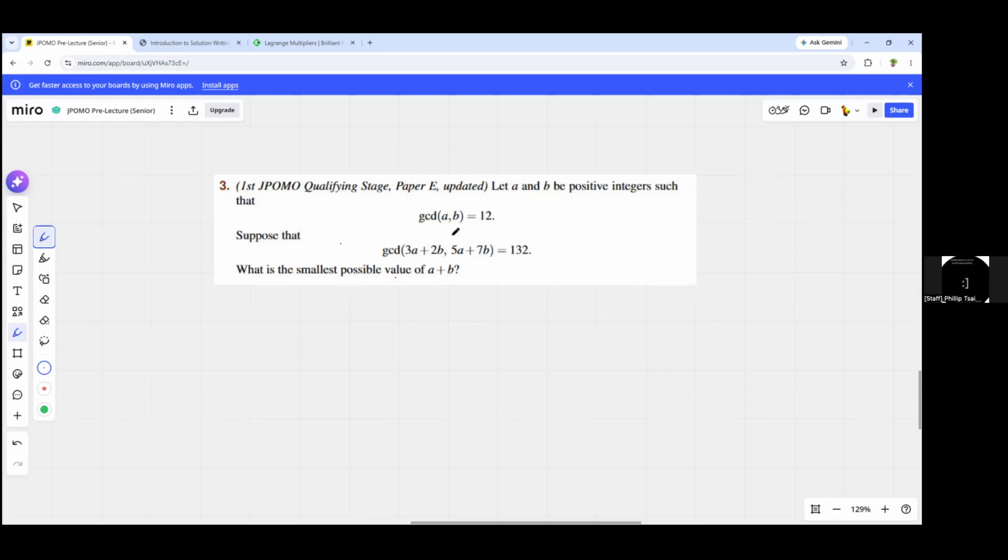My idea here is to write a equals 12x and b equals 12y. Why? No pun intended. Because now the greatest common divisor of 12x and 12y is 12, right?